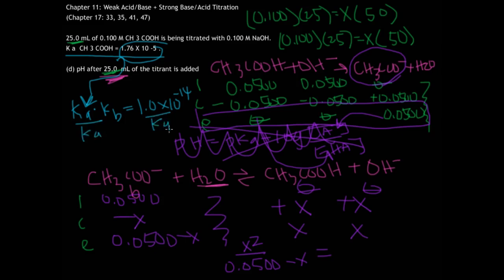I'm going to let you do this. I'm not going to do this for you. And you'll be able to get the Kb, which comes out to be 5.68 times, is this right? I feel like it was 10 to the negative 10, but now I am going to double check in my calculator. 1.0. Are you checking with me?